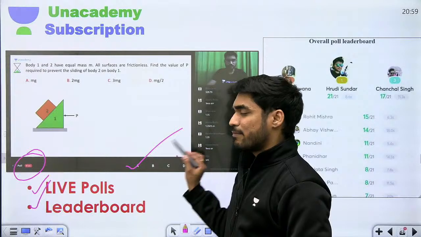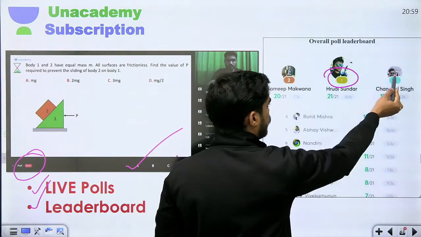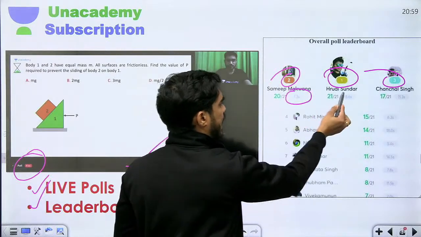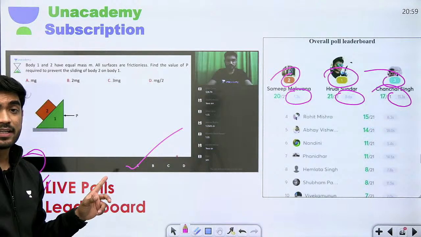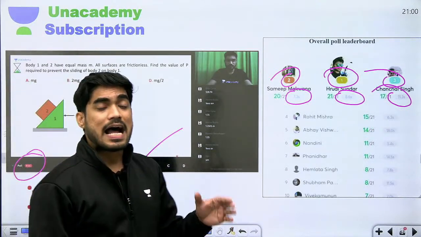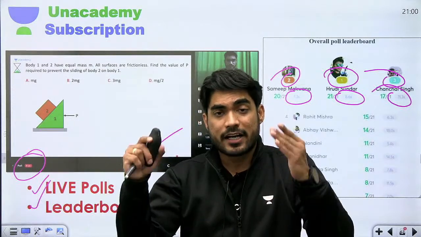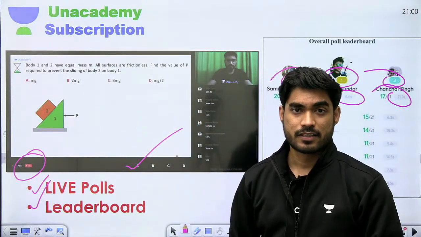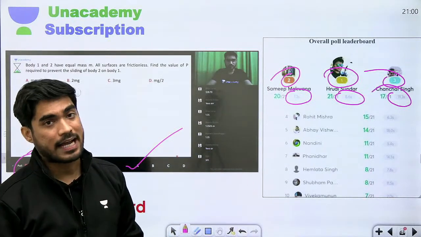You will answer A, B, C, D. So beta, the leaderboard will tell you what is your rank and what is your timing of answering. So this will improve your time management, this will improve your answer giving skills, and this will create a healthy competitive environment in the class. So beta, learning will become really fun for you in the class of Unacademy.